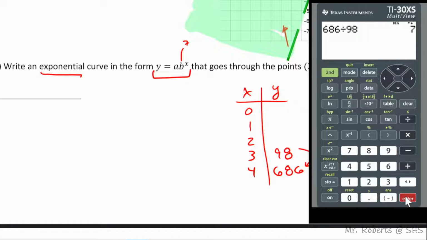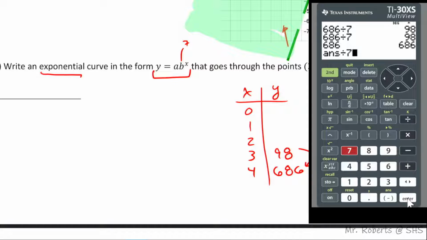The thing I don't know is my 0th term, but I can get it, because if I take 686 and divide that by 7, I can go backwards. You hit 686, put it on the stack, then say divide by 7.